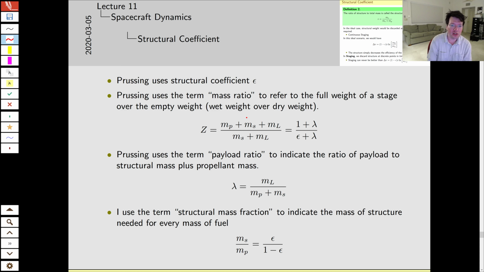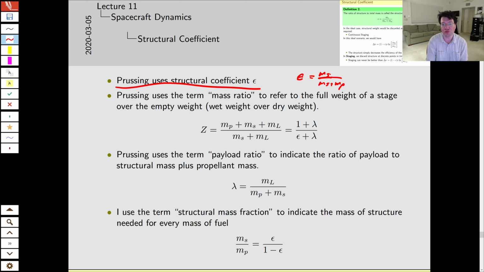A couple of terminologies that are used in processing. We're almost to the end here. There's the structural weight, which is on the previous slide. Epsilon equals ms over ms plus mp.